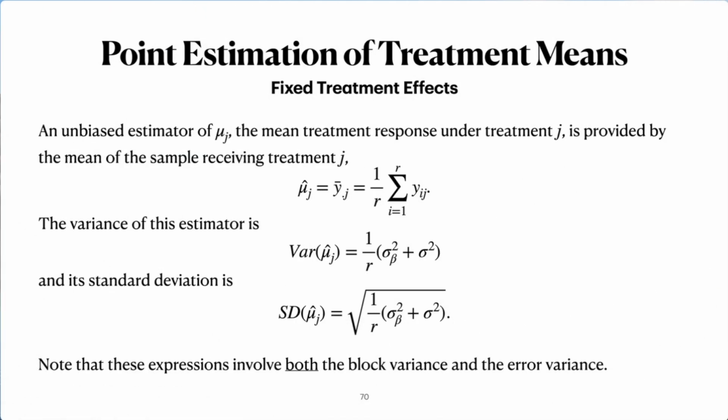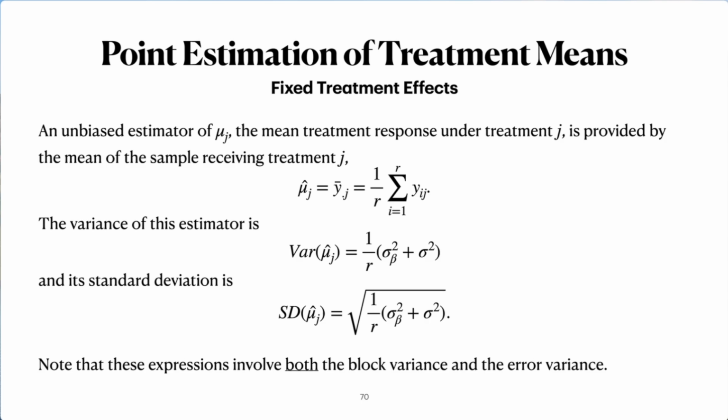Now, the goal here is point estimation of the treatment means, in other words, estimation of the mu sub j's. An unbiased estimator of mu sub j, the mean treatment response under treatment j, is provided by the mean of the sample receiving treatment j, y bar sub dot j. That is the notation we're using for the mean of the responses receiving treatment j.